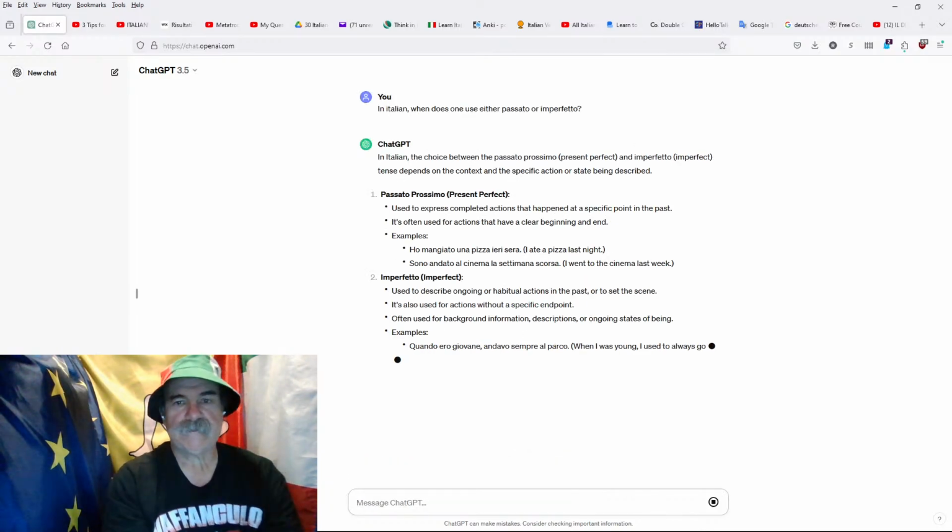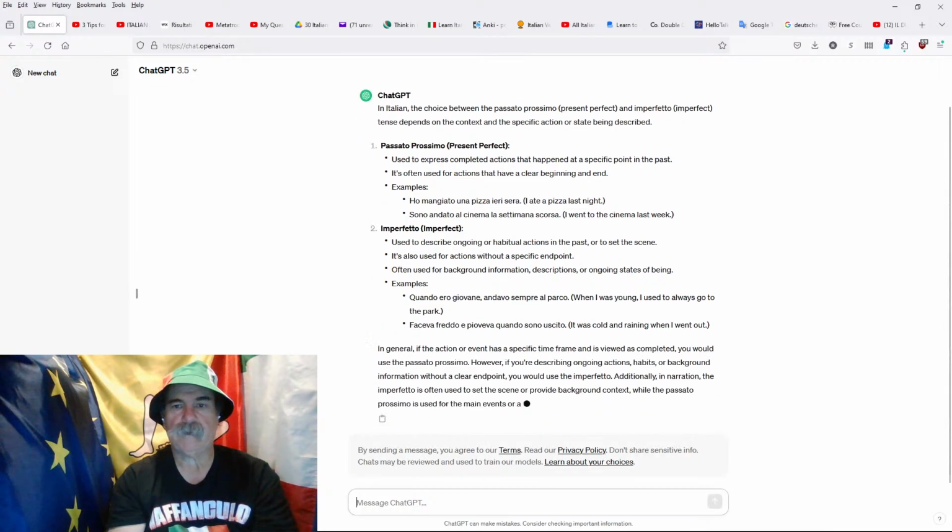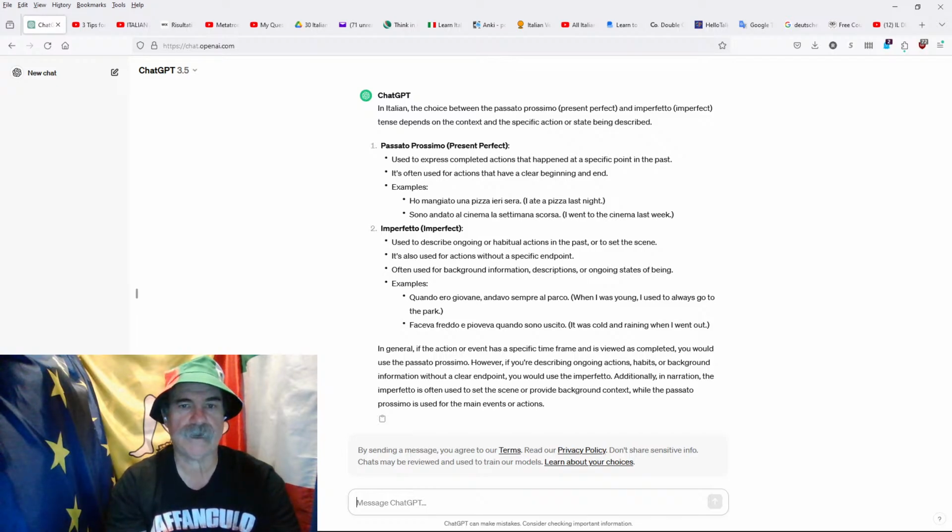In Italian, the choice between passato prossimo and imperfetto depends on the context and the specific action or state being described. Passato prossimo is used to express completed actions that happened at a specific point. It's used for actions that have a clear beginning and end. Ho mangiato una pizza ieri sera.